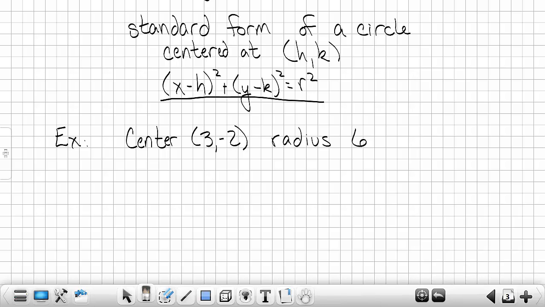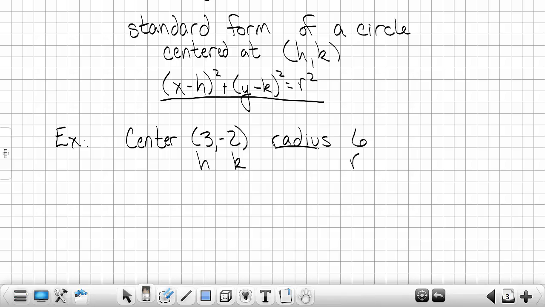Very easy. So what is 3? Go again. h. 3 is h. What is negative 2, Aaron? k. Dylan, what's 6? r. Not very hard when the word radius is sitting right there, right? So I literally take these values and substitute them into my top equation.